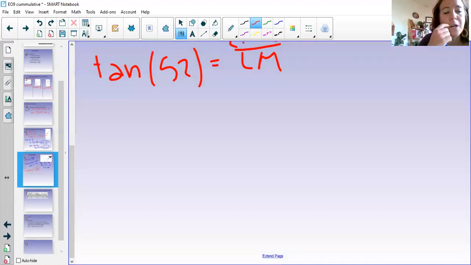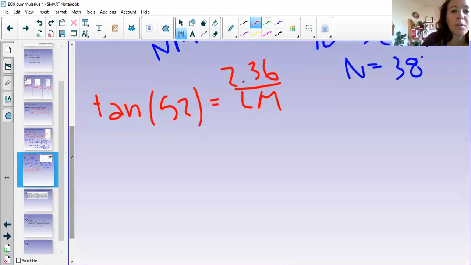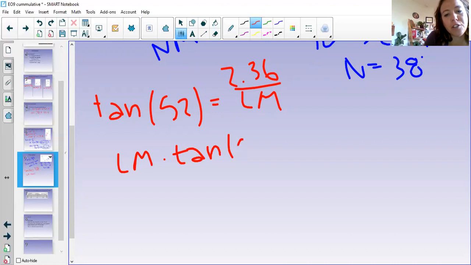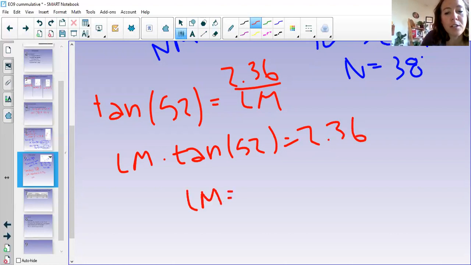Okay, so to solve this now, I'm going to multiply by LM. LM times the tangent of 52 is equal to 2.36. And now I can divide each side by the tangent. So LM is going to be 2.36 divided by the tangent of 52.